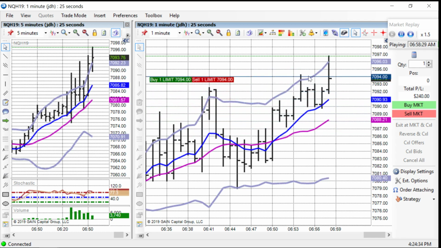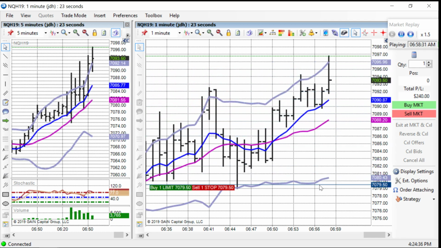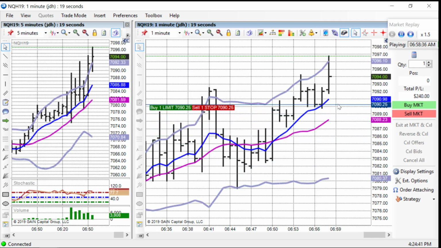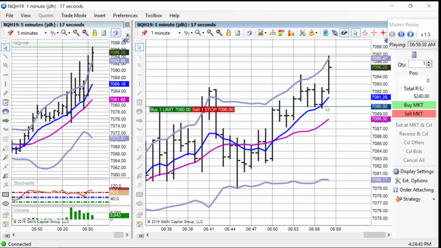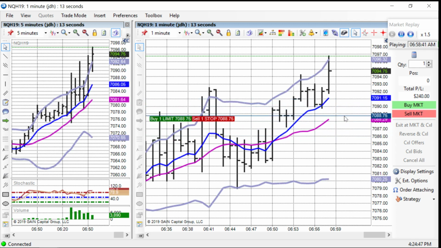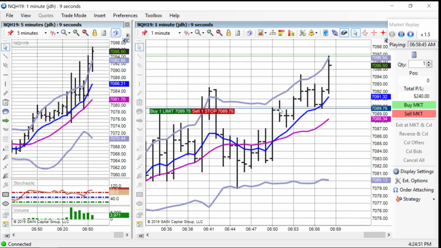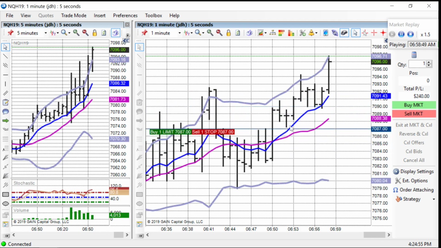We've got expanding Bollinger Band lines, and now they're paralleling the EMA line. This is not narrowing at all. The EMA is not coming in towards the 14 SMA, and we've got solid hook formation, so all those are signs of a strong trend.